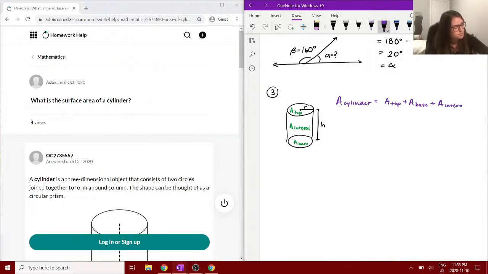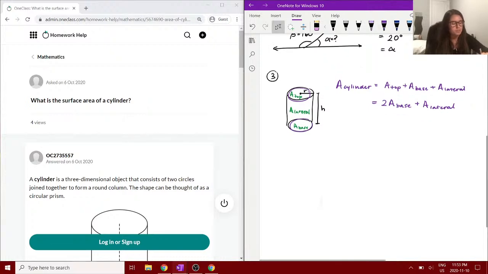Since the top and the bottom are the same, we can write 2 times the base plus the area of the lateral surface. Now we have to figure out what the area of the base and the area of the lateral surface is. So let's start with the base.